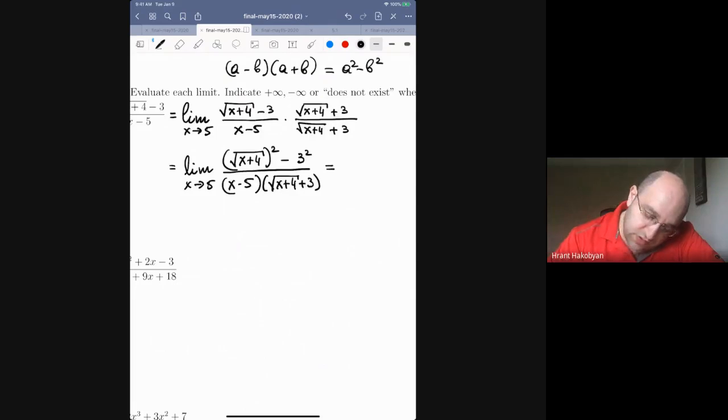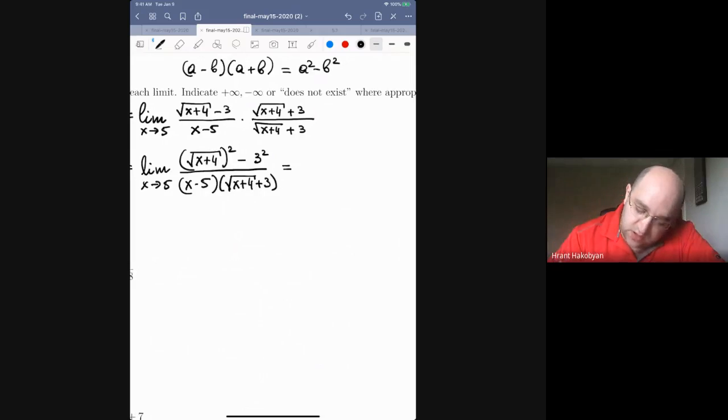Okay, so I'm going to simplify this a little bit. Well, in the numerator, I'm going to have x plus 4 square root and then square. Well, the square root and the square cancel each other out. So what I'm going to have is x plus 4 on the top.